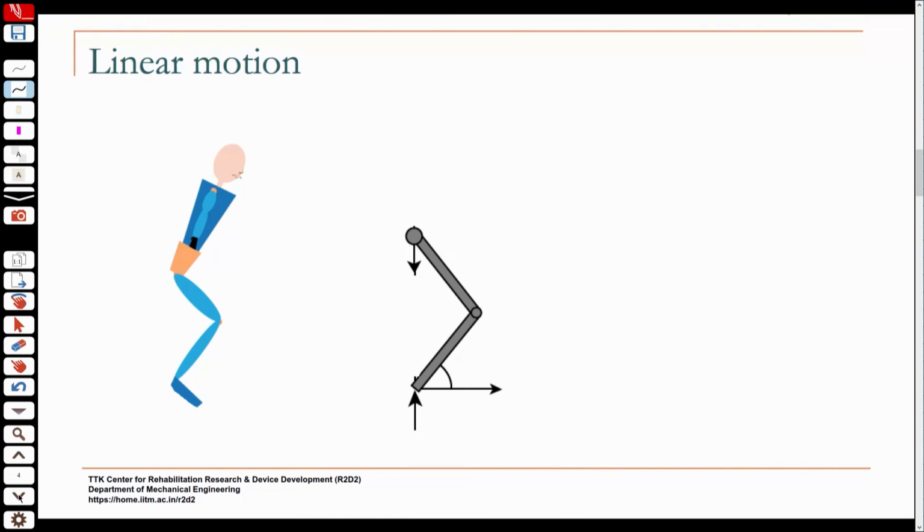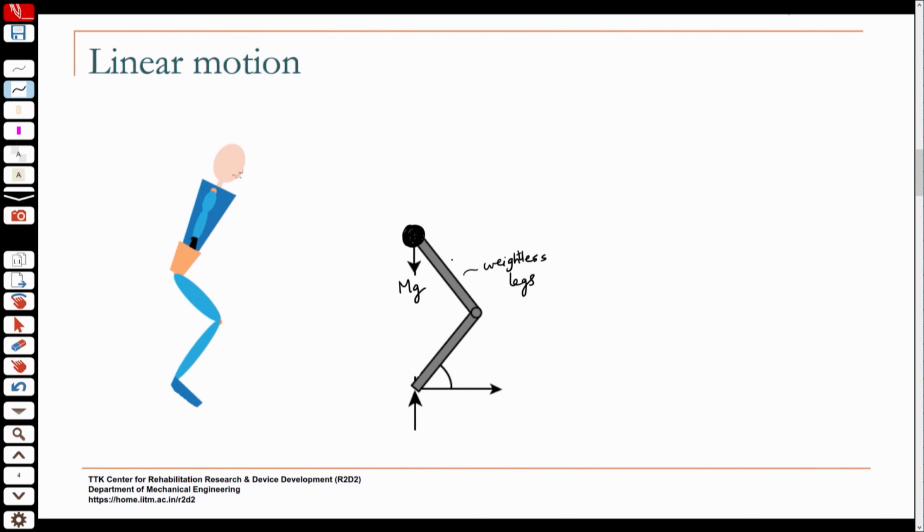Now, let us model a situation of jumping in a simple manner. We can create a model where I have weightless legs, to which a particle equal to the mass of the body is attached.